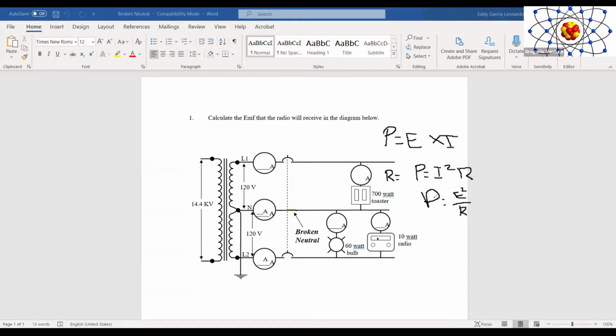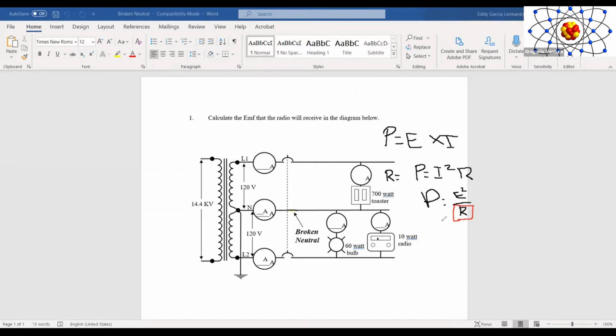Now, we want to determine R, right? This is the value that I want to determine, and I already told you why. We want to determine R on these loads because that's an unchangeable value. That value doesn't change.